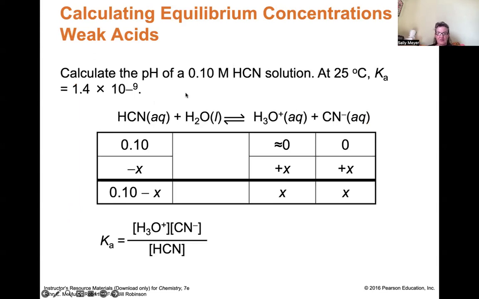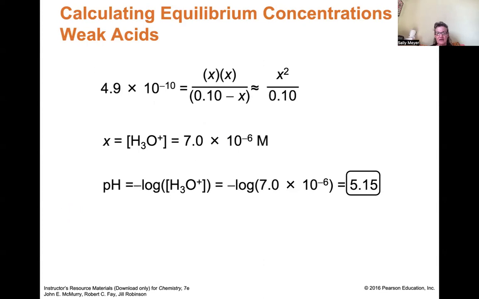X squared over 0.10 minus X is our equilibrium expression. I can solve for X. And in this case, because the equilibrium constant is so small, it's 10 to the minus 10, that means really not much of it dissociates. So we're going to make the approximation to make this easier to solve.